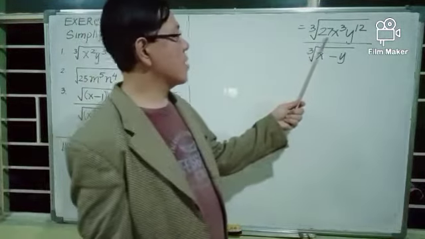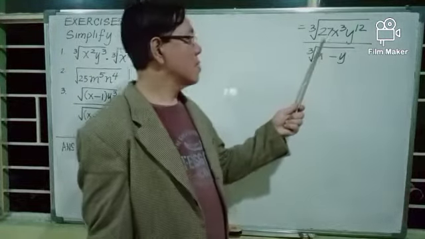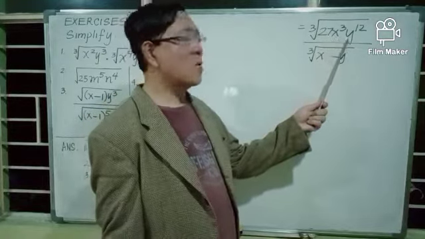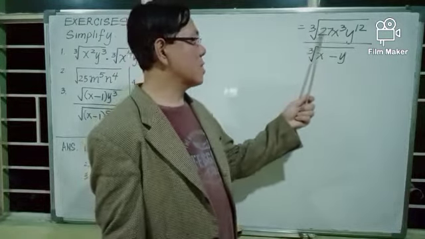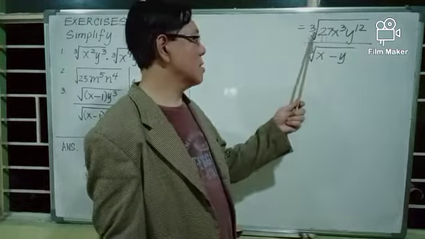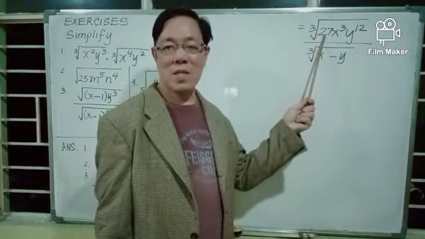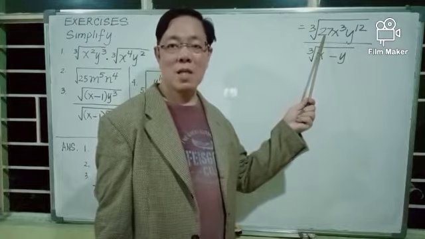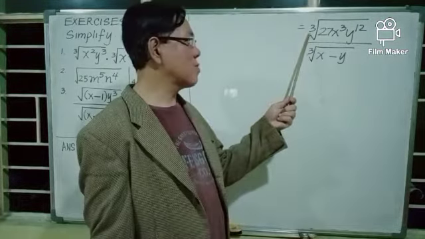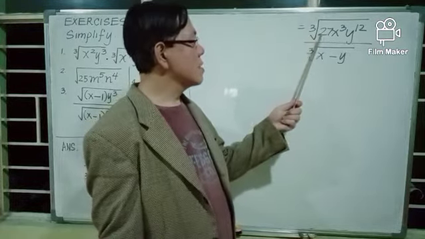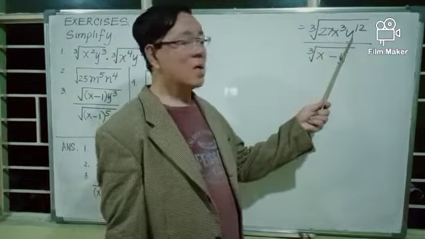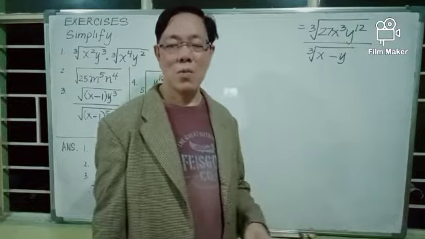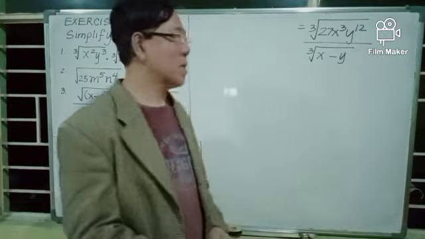So we will simplify the numerator because the exponents of x and y are divisible by 3. 3 is divisible by 3, 12 is divisible by 3. Also, 27 can be written as 3 to the power 3, and the exponent 3 is divisible by 3. We take 27 times x cubed times y raised to 12 as one quantity raised to exponent 1.